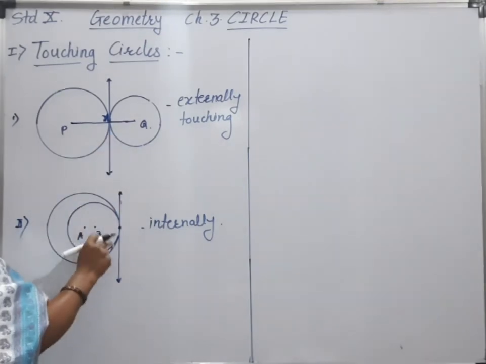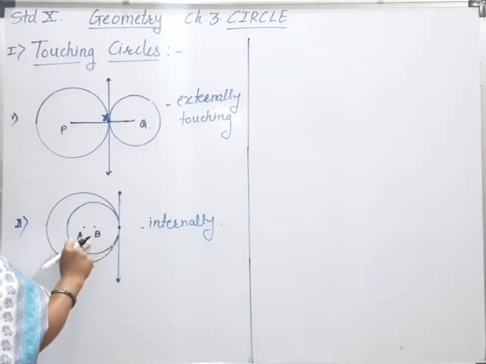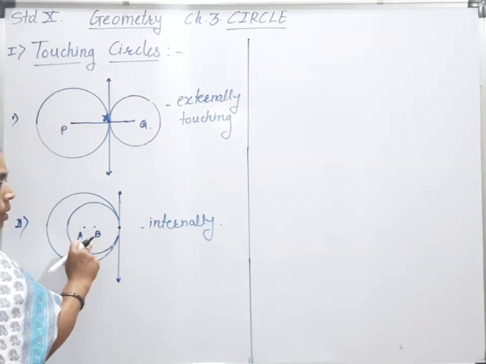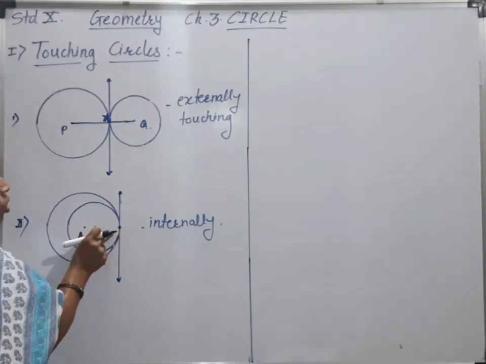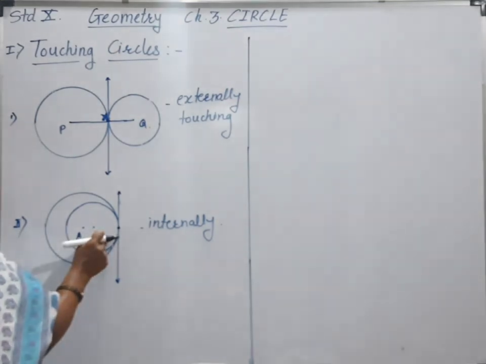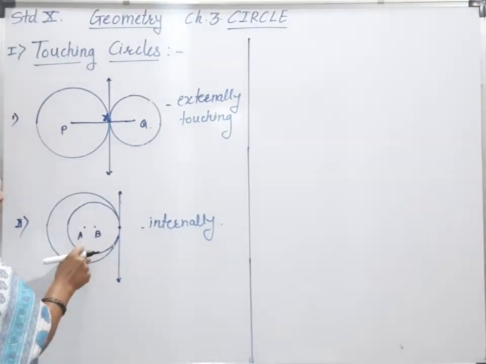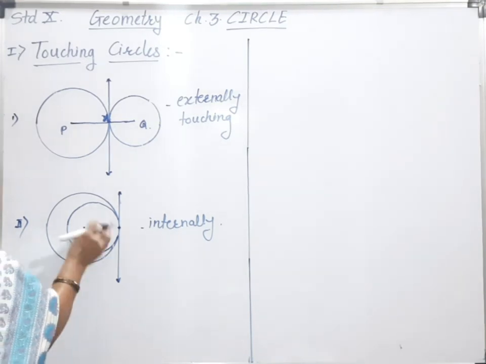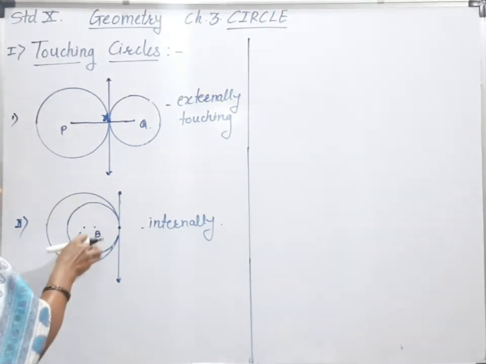And when these two circles are touching internally, and we want to find the distance between their centers, then we have to find their difference, because the smaller circle is inside the bigger circle.